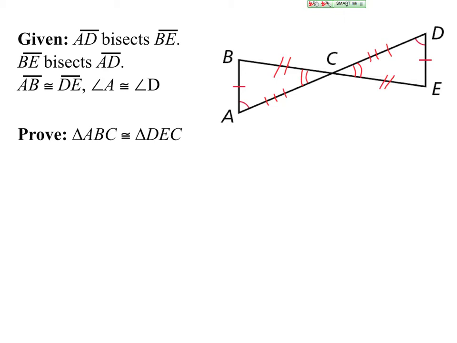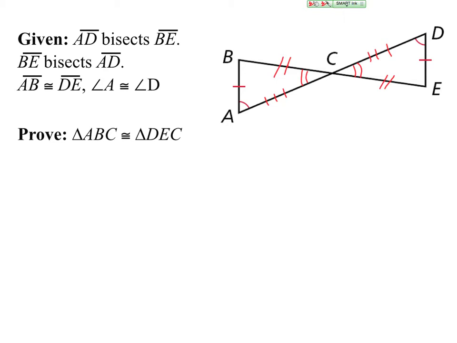So another angle pair is angle BCA congruent to angle DCE. And he did vertical angle theorem. Now let's go back to what Paige was trying to do. Angle B congruent to angle E.